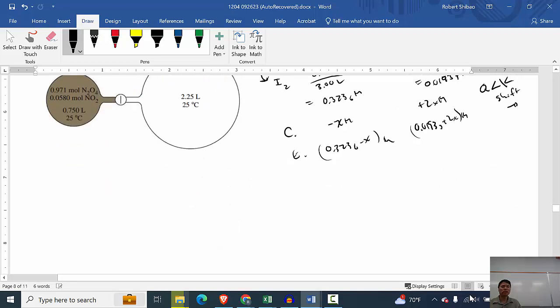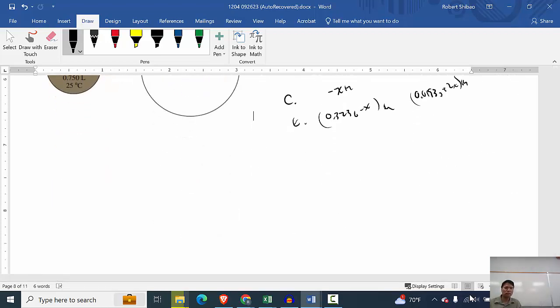And then what I'm going to do is I'm going to just go ahead and plug that into my K equation. K is equal to 4.61 times 10 to the minus 3, which is going to equal 0.01933 plus 2x quantity squared divided by 0.3236 minus x.